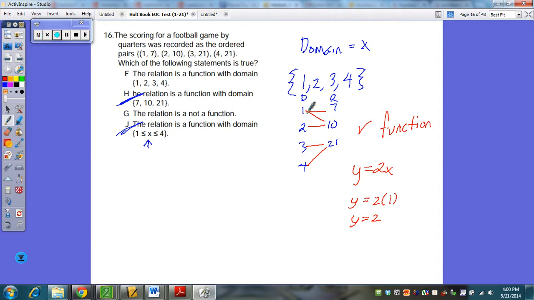That's what we're saying right here. When I put a number in for 1, or for the domain of x, I get a 7 and a 10 back. That means it would not be a function. Okay? However, in this case right here, because I have a 3 mapped to 21 and a 4 mapped to 21, that is a function. So our answer is F.